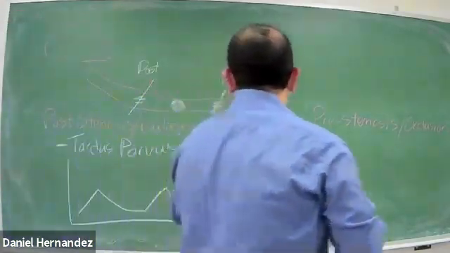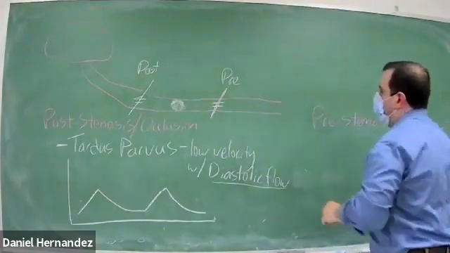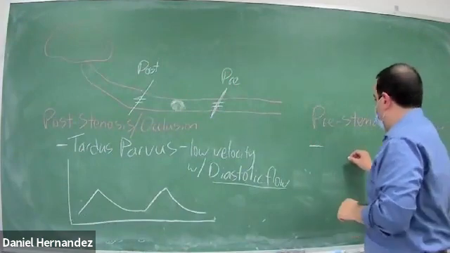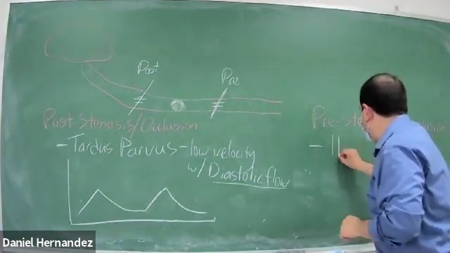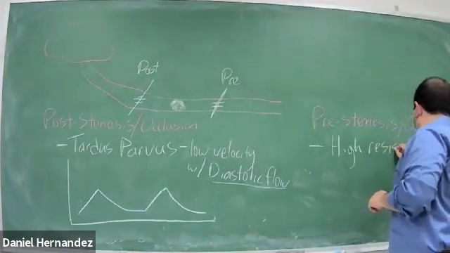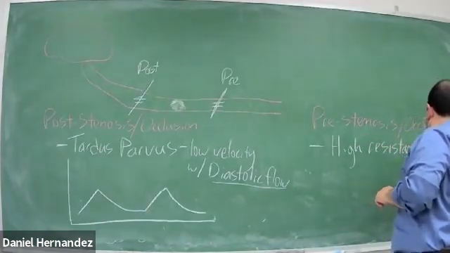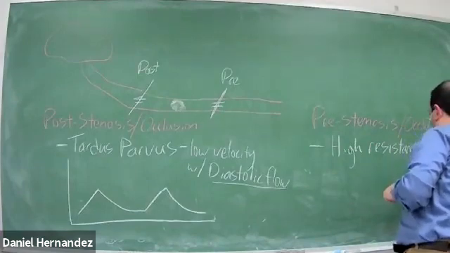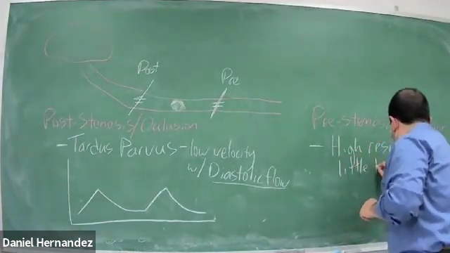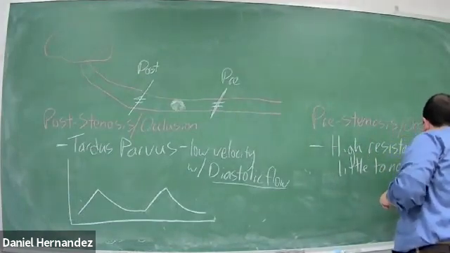But if we happen to be sampling pre-stenotic, before that lesion, these waveforms are going to be high resistance. Little to no diastolic.